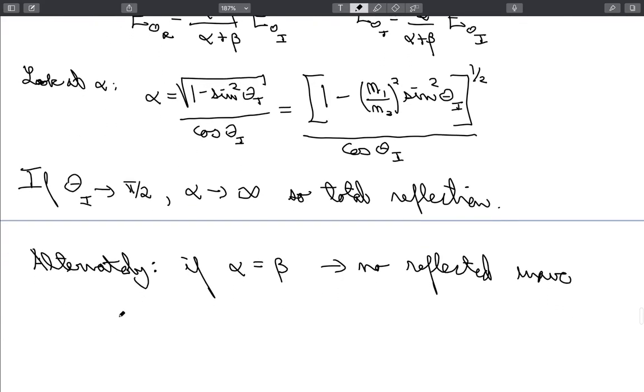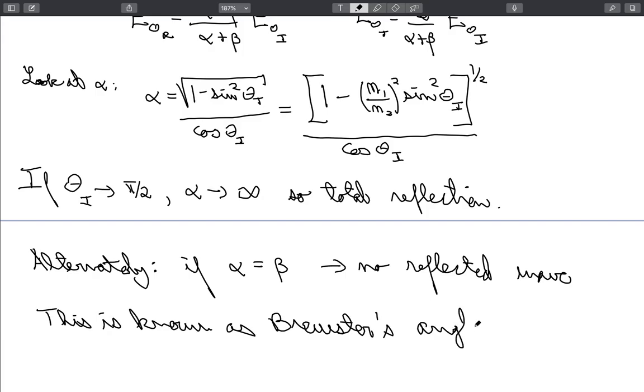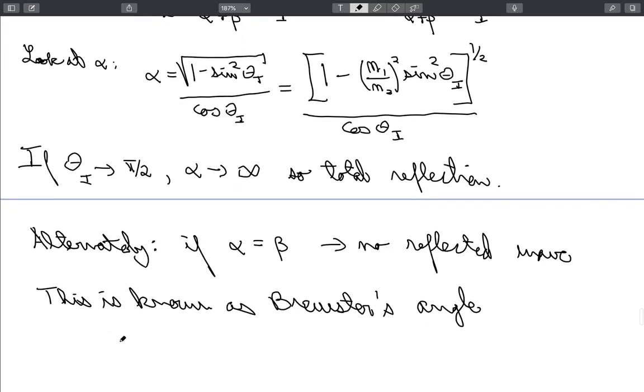So this angle is known as Brewster's angle.